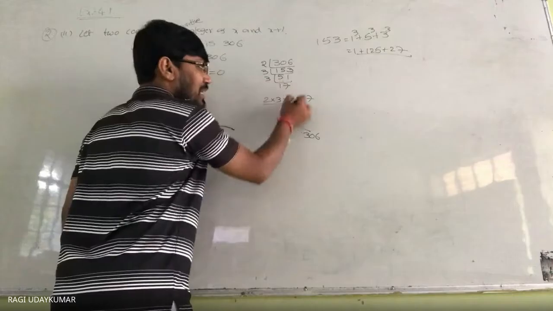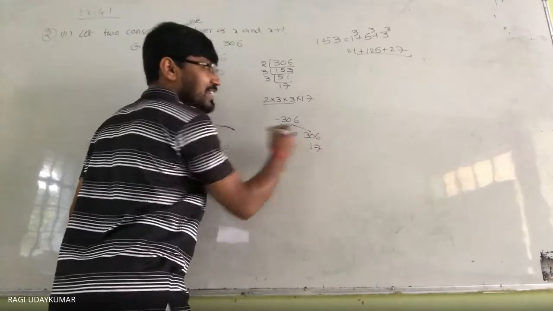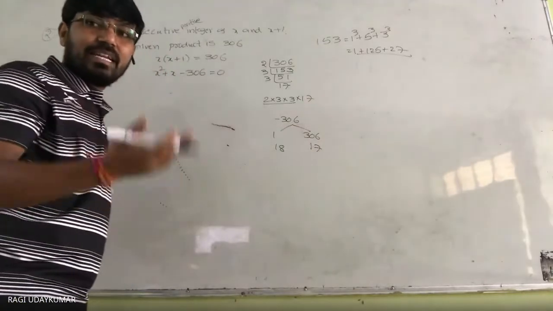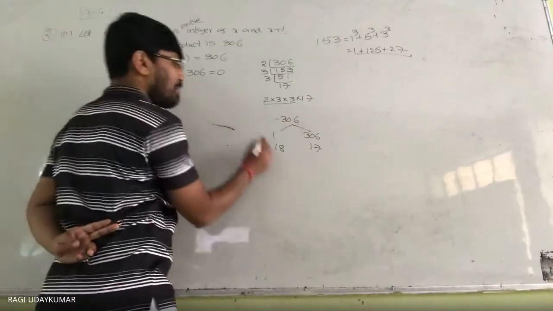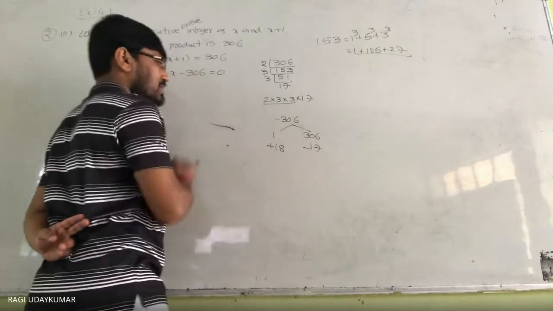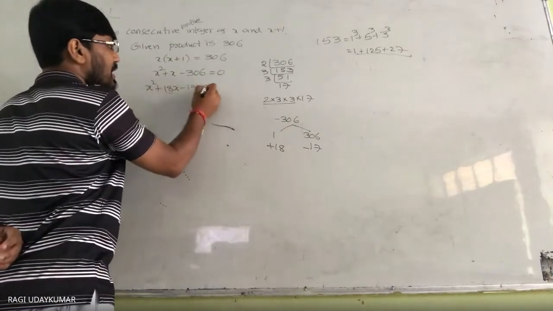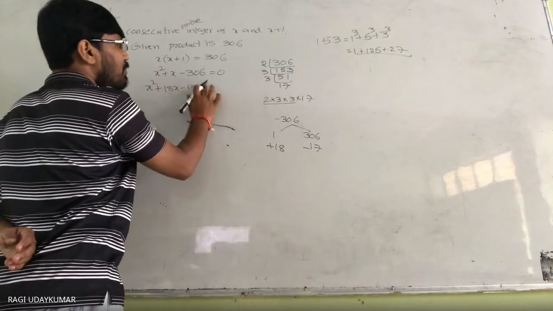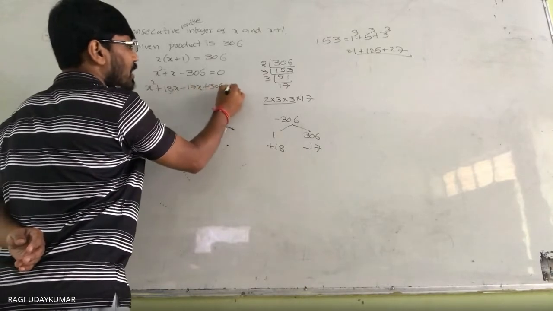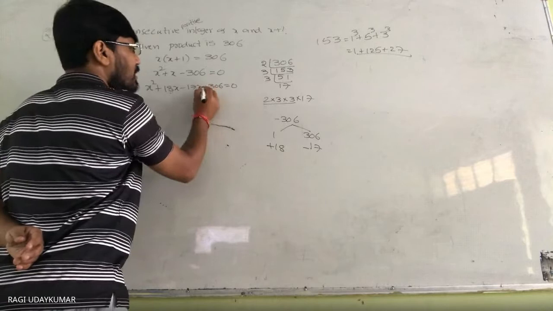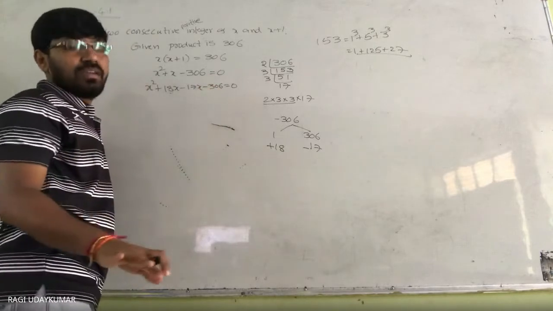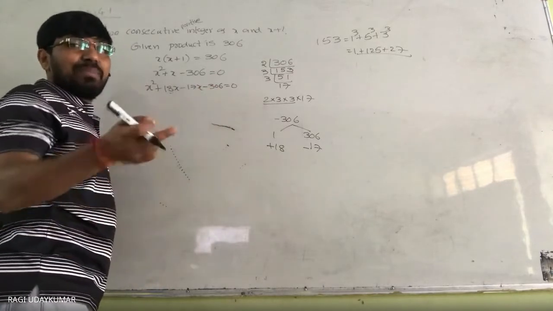You can clearly see it: multiply 3, 3 and 2 to get 18, and the other is 17. 18 and 17 have a difference of 1, and as we have a plus symbol here and minus here, you have to factorize as x squared plus 18x minus 17x minus 306. See, when you go through one systematic order, factorization is the best way. But most of the students will apply the formula.